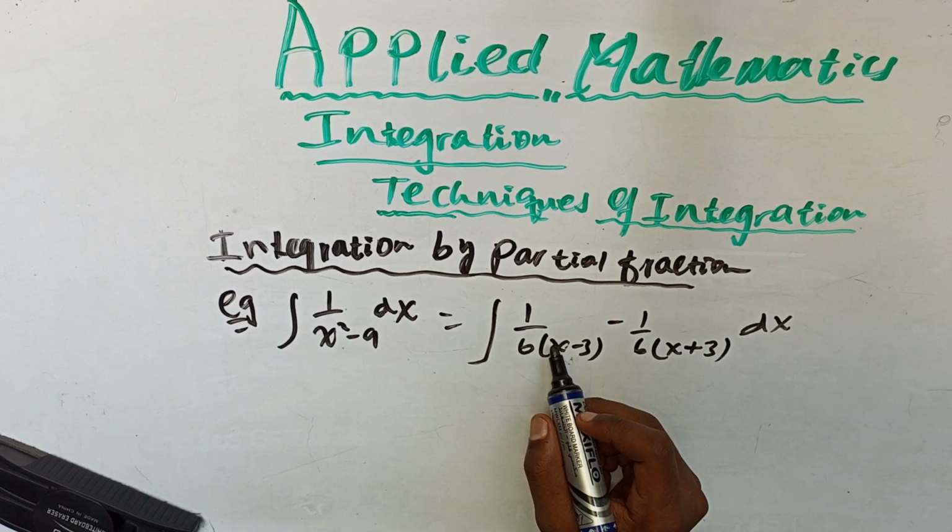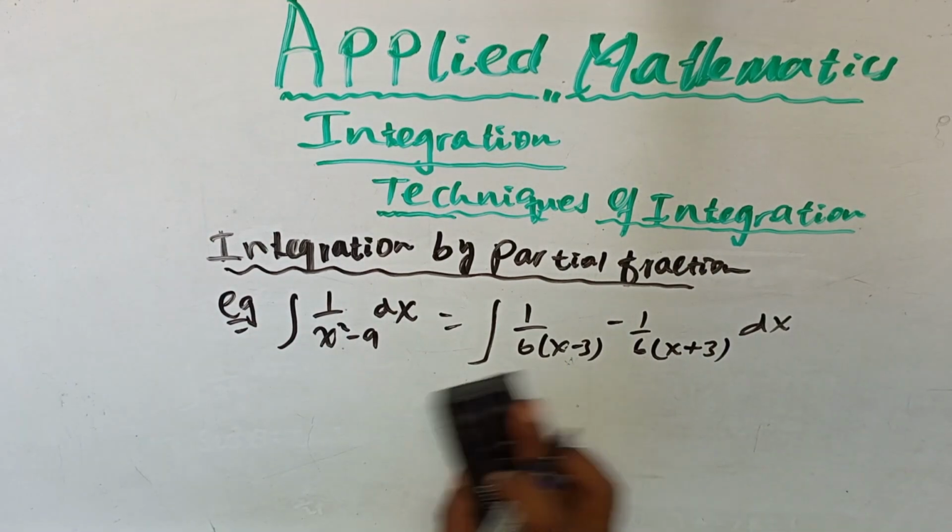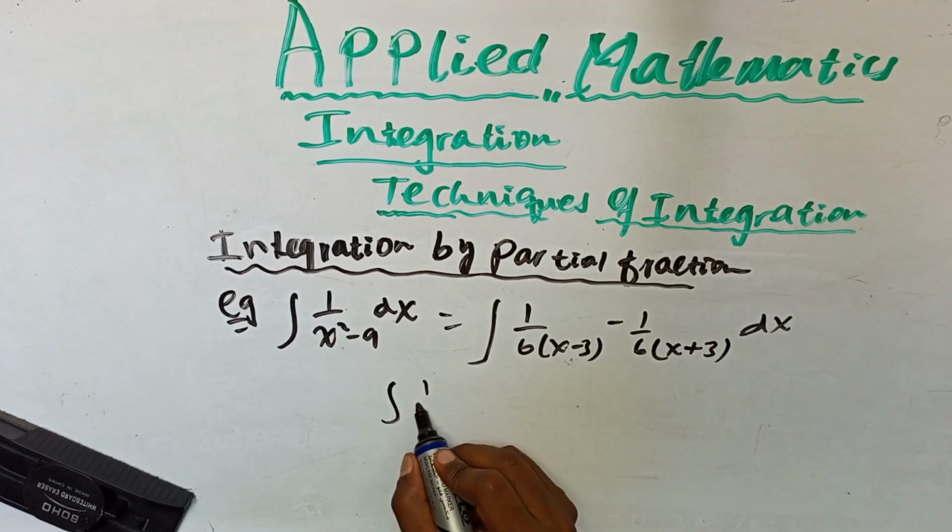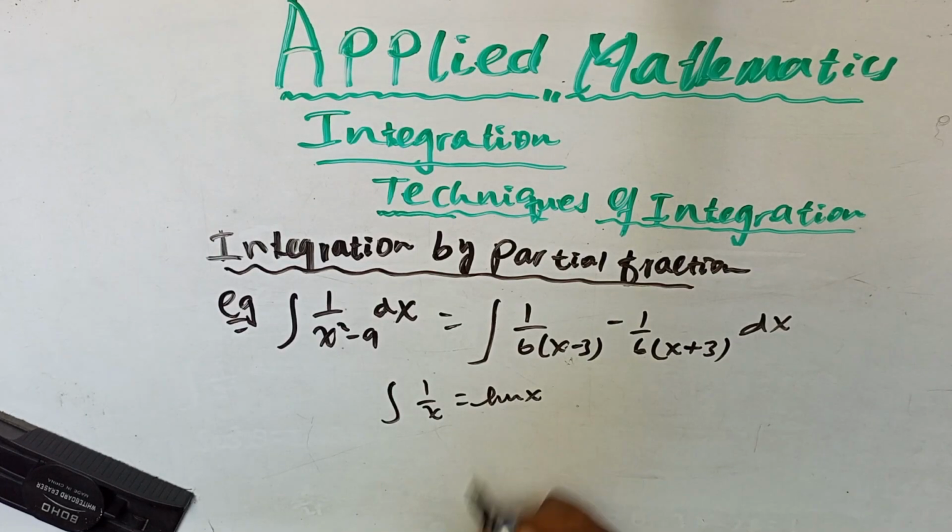If we integrate this, from the log property, if you know it, the integral of 1 over x is equal to ln x.